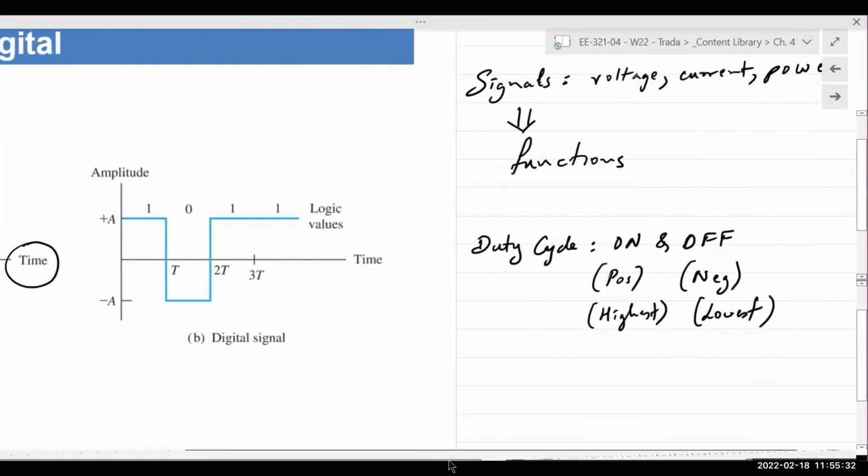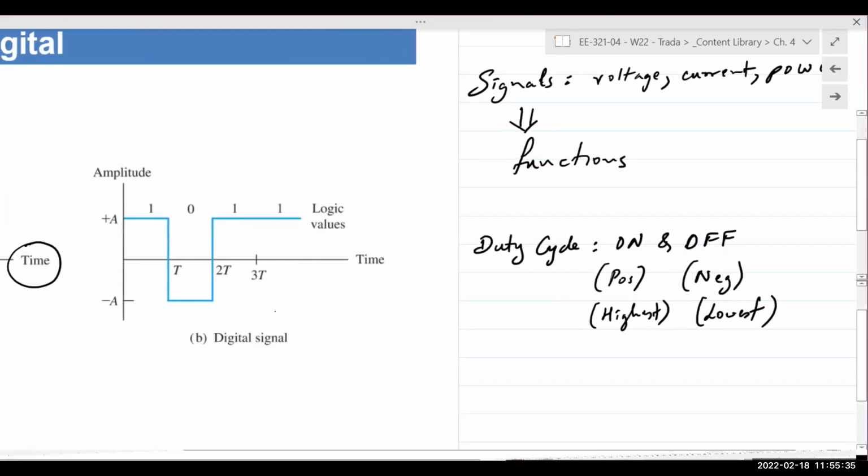In this signal that we show here, we have time on the x-axis, showing how the signal behaves with respect to time, and here we see the amplitude. The value of the signal is +a for the time period 0 to t. So in the first time period it has a value we could say indicates an on state.